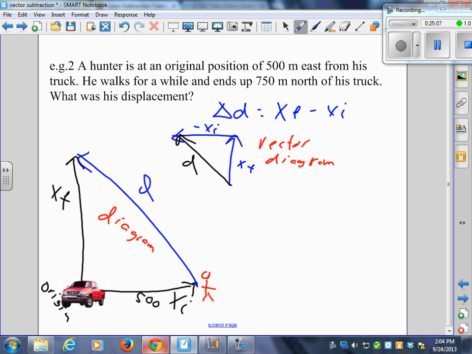This is. Now, here my displacement, d squared is equal to 500 squared plus 750 squared, and I'm pretty sure you can solve the math there. All I know for sure is it's more than 750. It's probably over 1,000, I think.